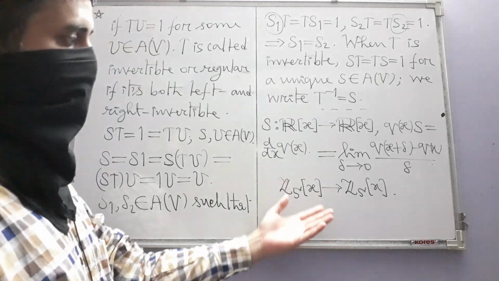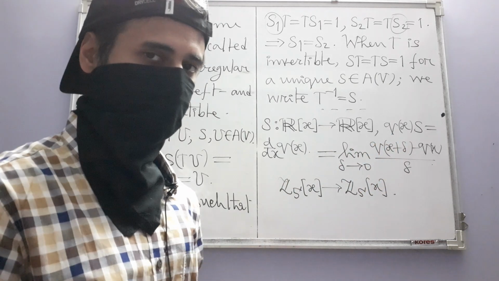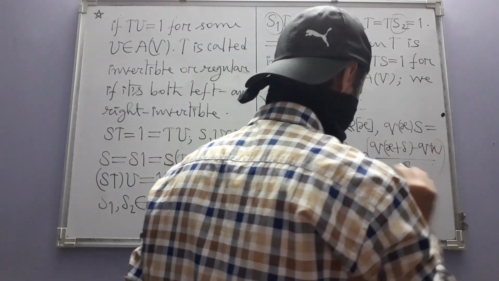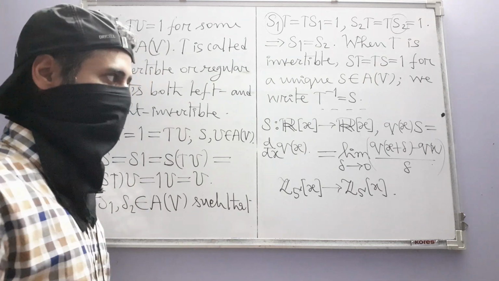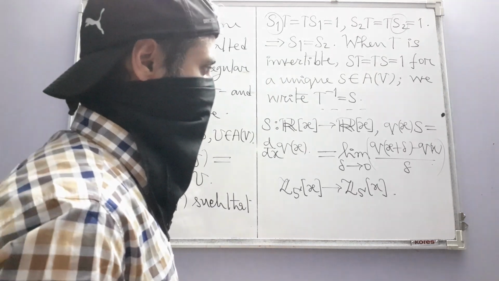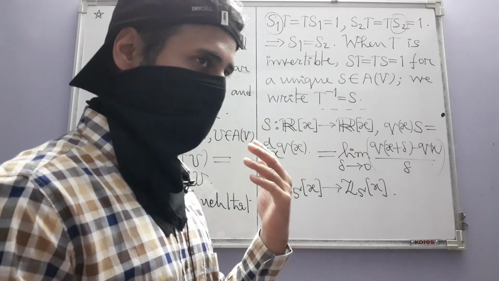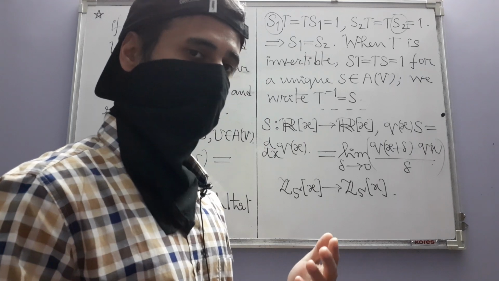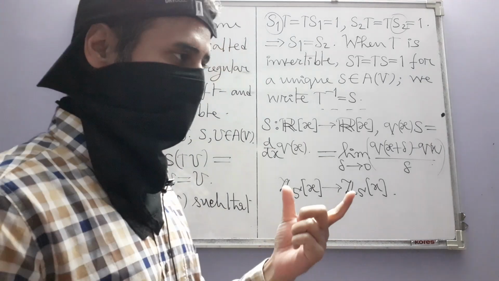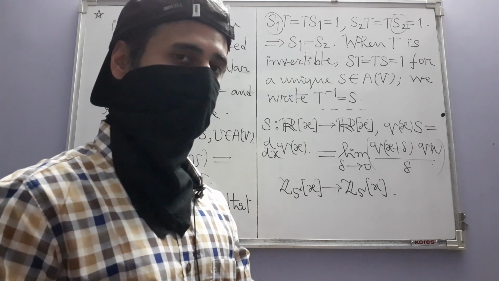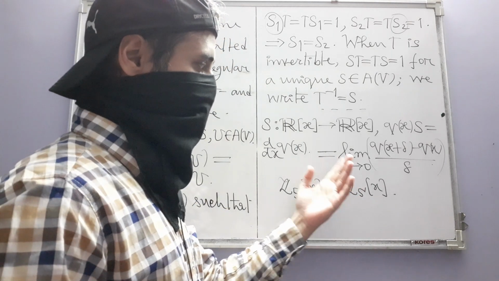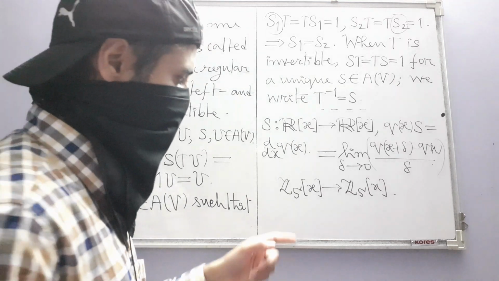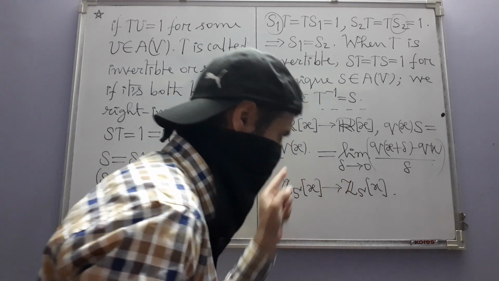Immediately just by looking at this you do not see any problem. However, what is the meaning of limit? In the definition of limits itself, you need to be able to decide when q(x plus lambda) is near q(x), the distance between them should be less than epsilon if delta is small. In what sense? In the sense of a metric, right? And those things may not be available here.